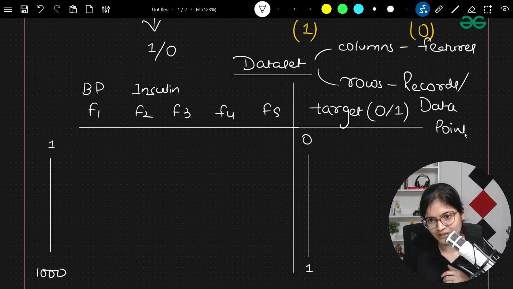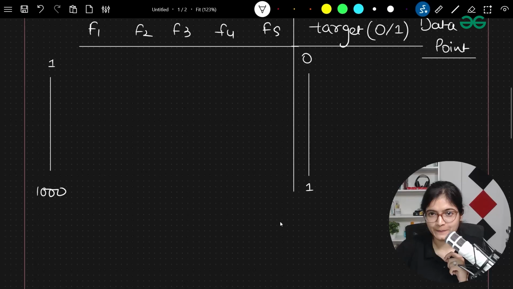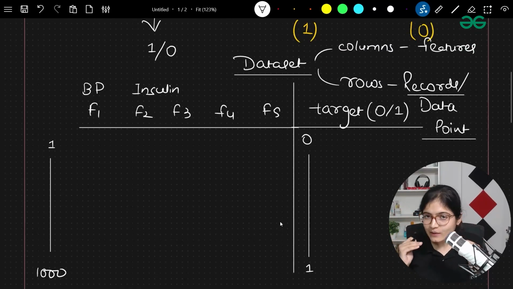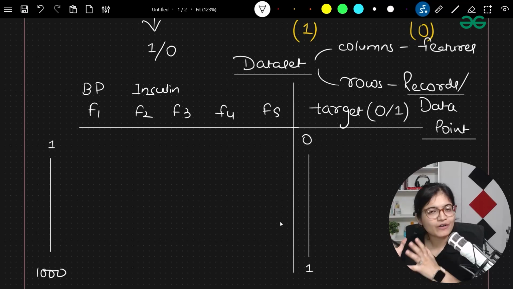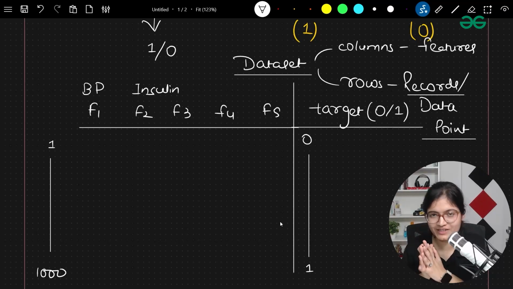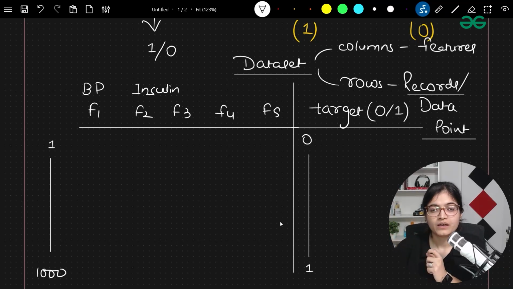This is what we usually say. Okay? Now, just try to understand what I'm trying to convey here. For every particular row or record, I have a corresponding target value, which is either 0 or 1, right?